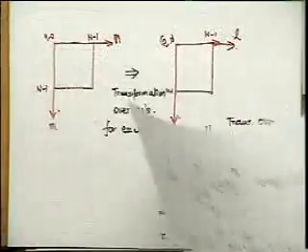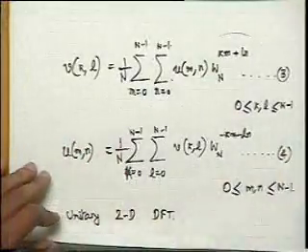And there is yet another aspect which has to be considered. The DFT expression we had written, this was the one dimensional DFT expression, and this was our two dimensional DFT expression.